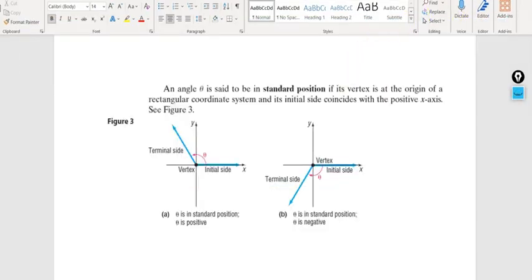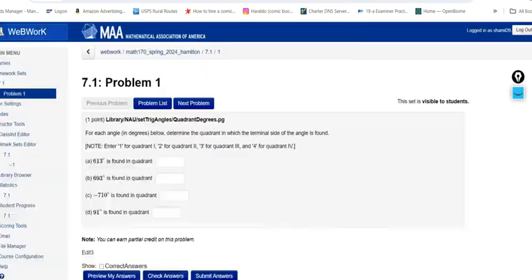Everyone should be able to complete this first question here. Okay, so obviously for 613 you're going to go past 1 revolution. Will you go past 2 revolutions?